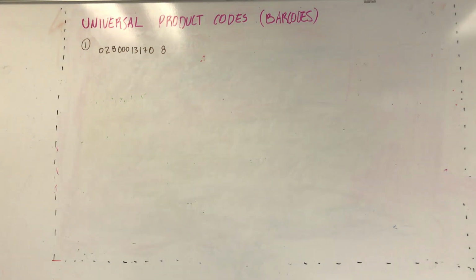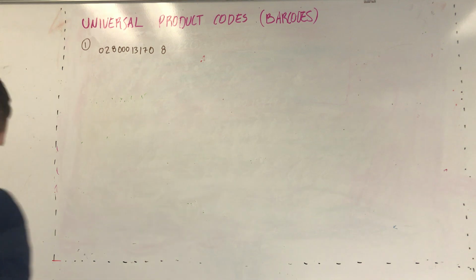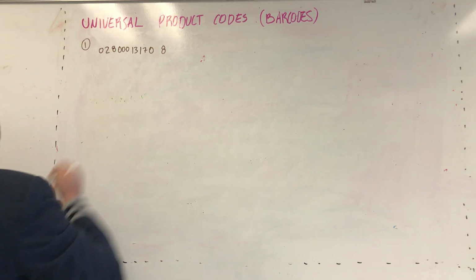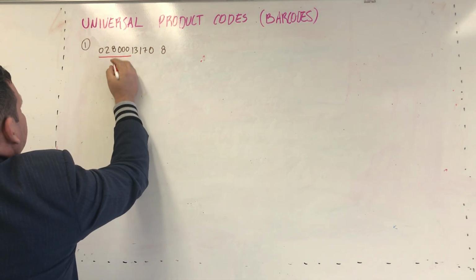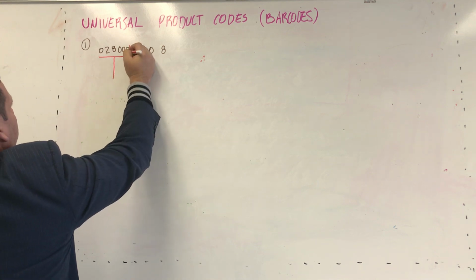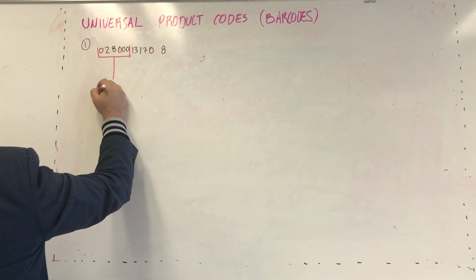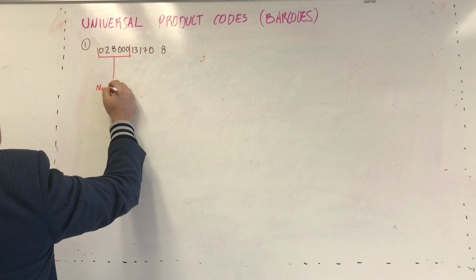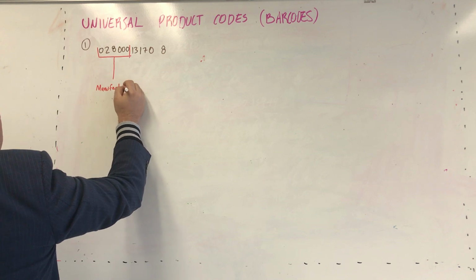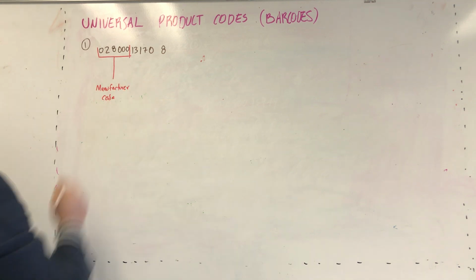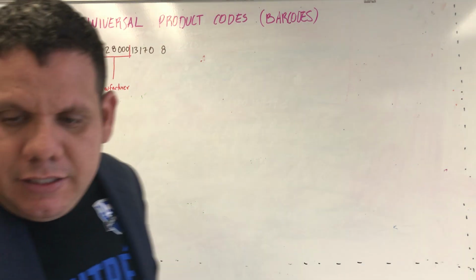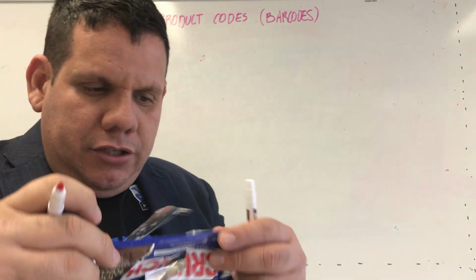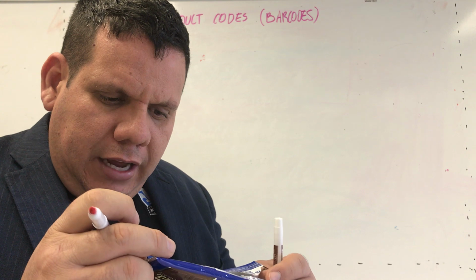Okay, so the first 6 digits, I will explain this. The first 6 digits right here, from here to here, is the manufacturer code. All right, so every company, in this case, I will assume that it is Nestle or something like that.